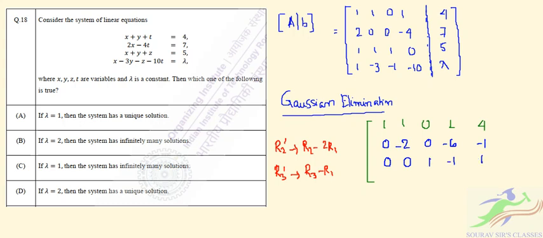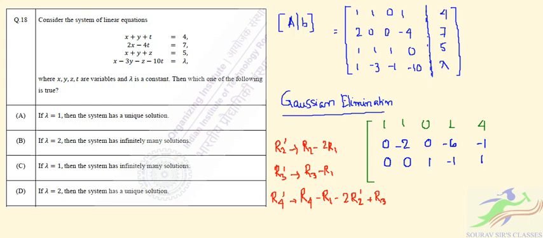In row 4, R4 prime will be R4 minus R1 minus 2R2 prime plus R3.